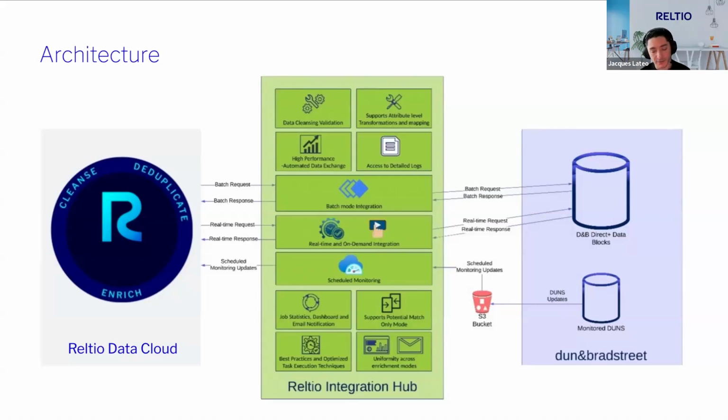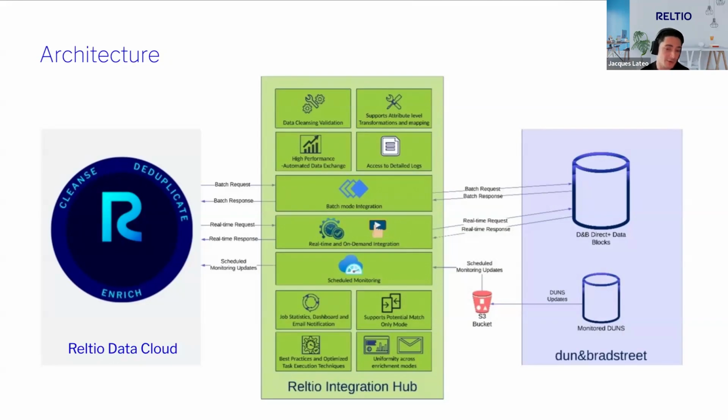The files or the records themselves are carved up, chunked out into smaller batches, and then sent to DNB for enrichment using their batch APIs. Once the data is returned from DNB, those data files are then picked up, processed, and then written back to the Reltio Data Cloud tenant on the left. So that would be the batch mode of integration, or the batch flow.